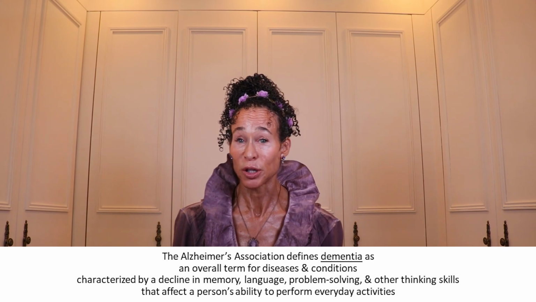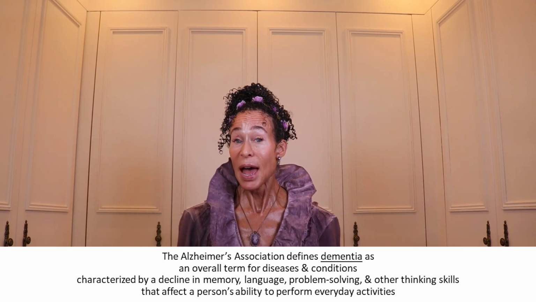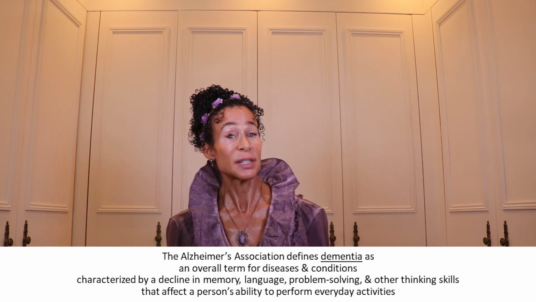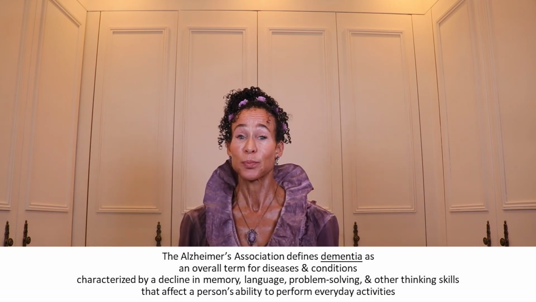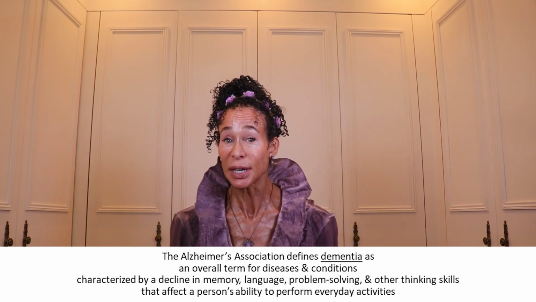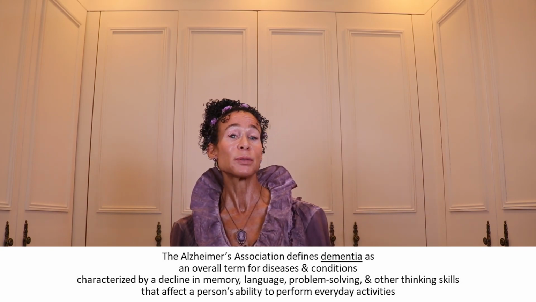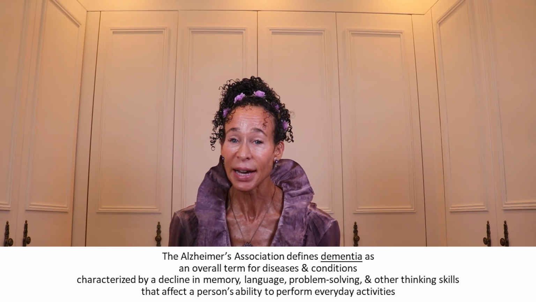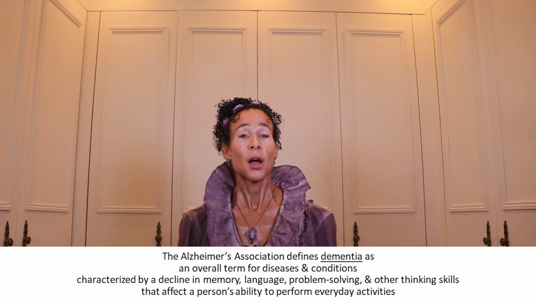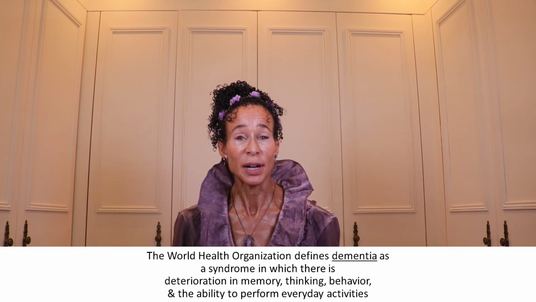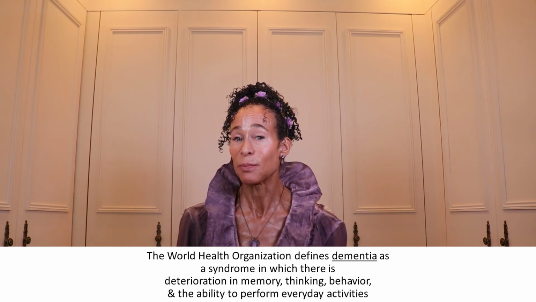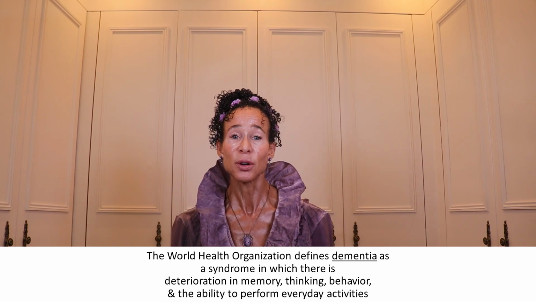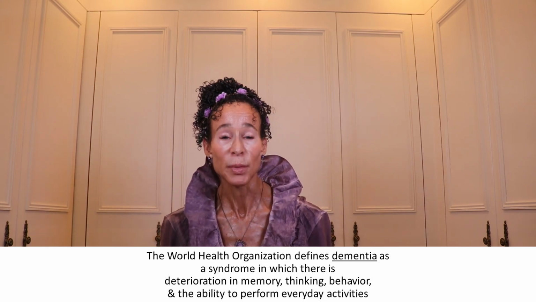The Alzheimer's Association defines dementia as an overall term for diseases and conditions characterized by a decline in memory, language, problem solving, and other thinking skills that affect a person's ability to perform everyday activities. The World Health Organization defines dementia as a syndrome in which there is deterioration in memory, thinking, behavior, and the ability to perform everyday activities.